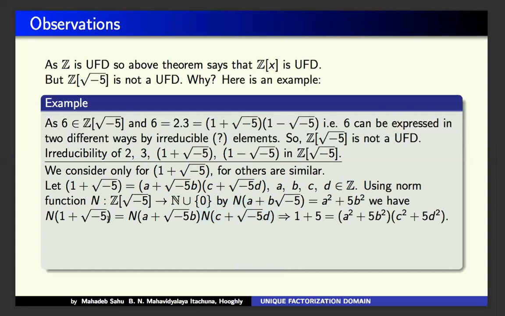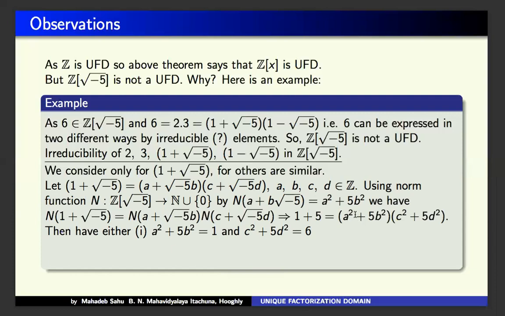So N of 1 plus root minus 5 means 1 plus 5, which is 6, and on the right, a square plus 5b square multiplied by c square plus 5d square. So the left side is 6 and the right side is the product of these two factors. 6 can be written as 2 into 3, 3 into 2, 1 into 6, or 6 into 1, so there are 4 possibilities.